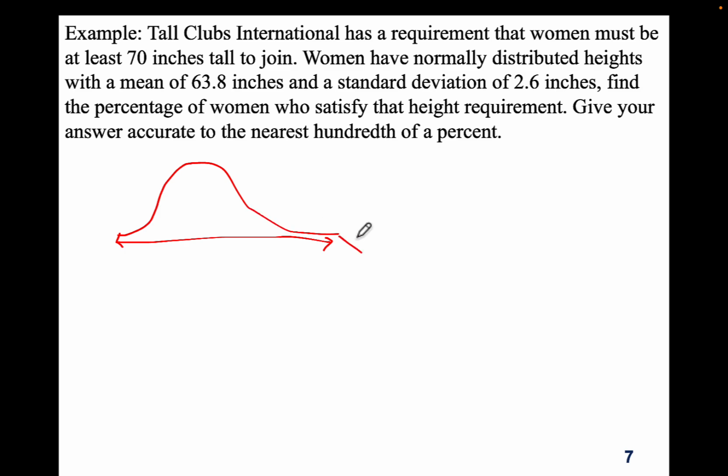I'm going to put an X on the axis this time, not Z. I'm going to put the actual mean in the middle this time, which is 63.8, not 0. That was for z-scores. We have a standard deviation given to us of 2.6. So we've got sigma equals 2.6.